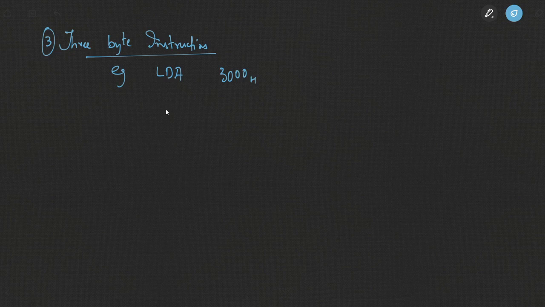This type of instruction loads the accumulator with the data that's actually located at this memory location. So when we write this instruction, it basically means load A with the data that's actually stored at this location.